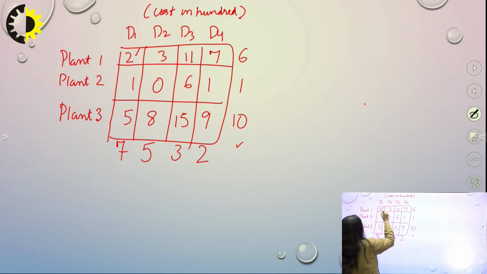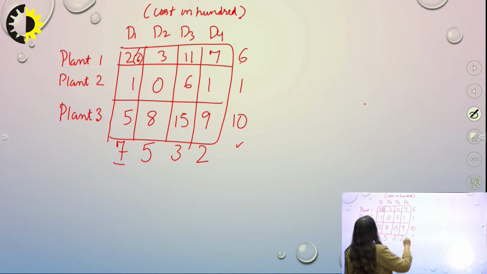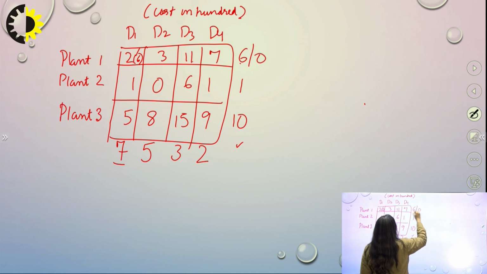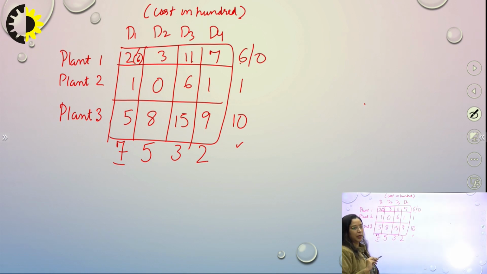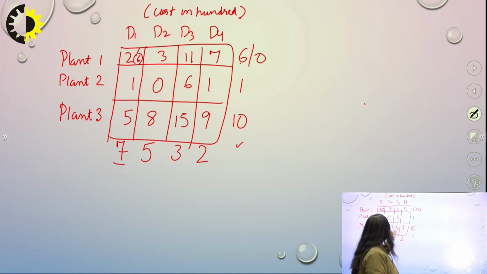Here, we can see that plant 1 can give 6 million liters of milk, but the requirement in distribution center 1 is 7. So, it can give only 6 million liters, which I can write over here. So, the supply is completed. Plant 1 cannot give anything further to any of the distribution centers.